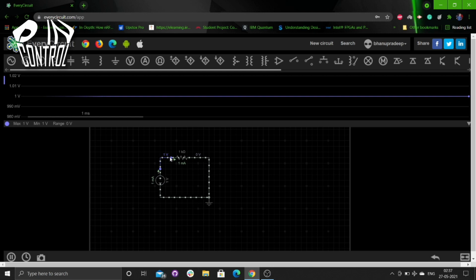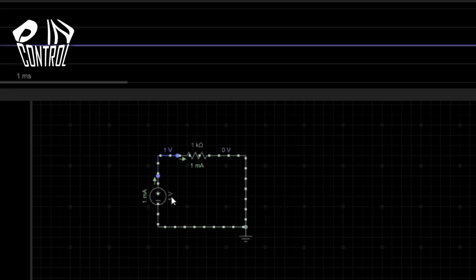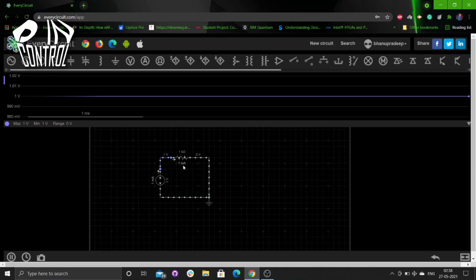It does not have any sinusoidal signal. That's why the resistor is opposing the current and giving the output. Here my input is 1 volt across 1 kilo ohm. So by using Ohm's law, the current is 1 milliamp.